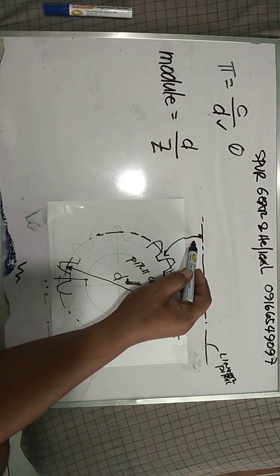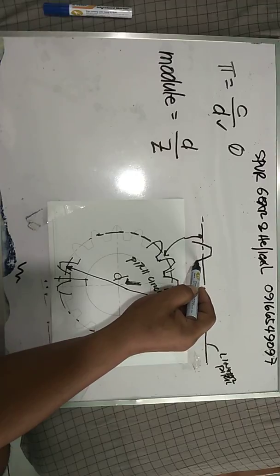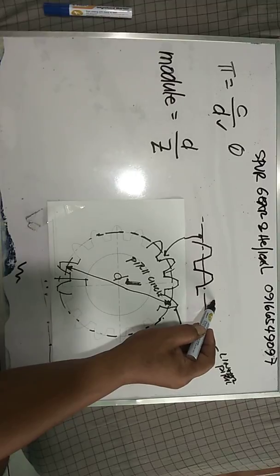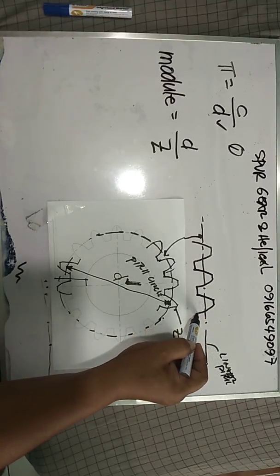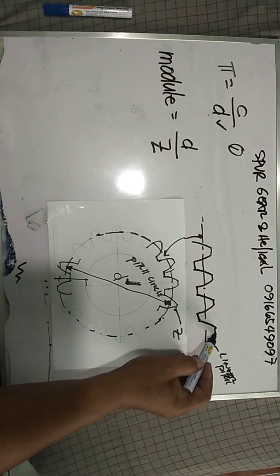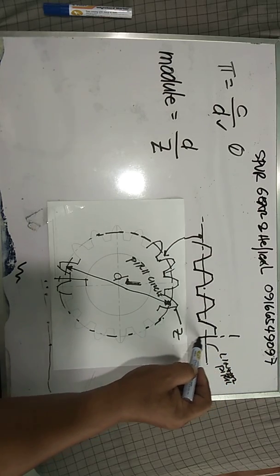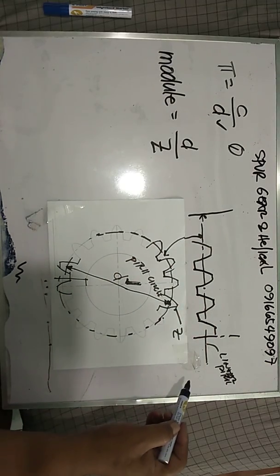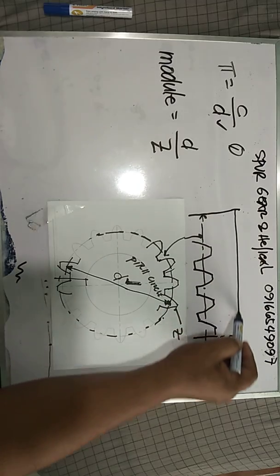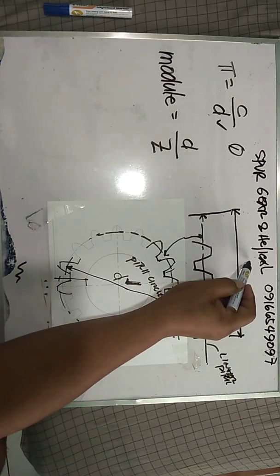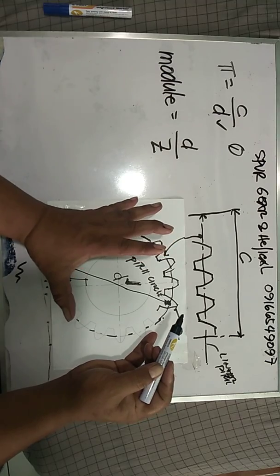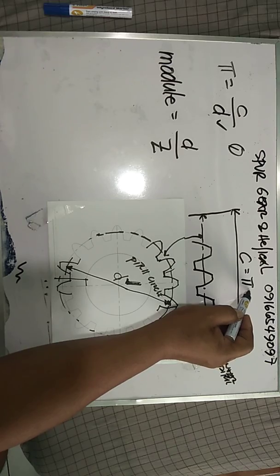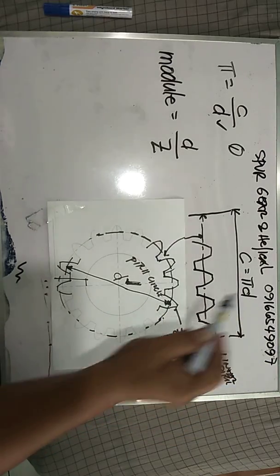This is the teeth. We did not draw the whole number of teeth. This one is the circumference, and we know that circumference is equal to pi times diameter.